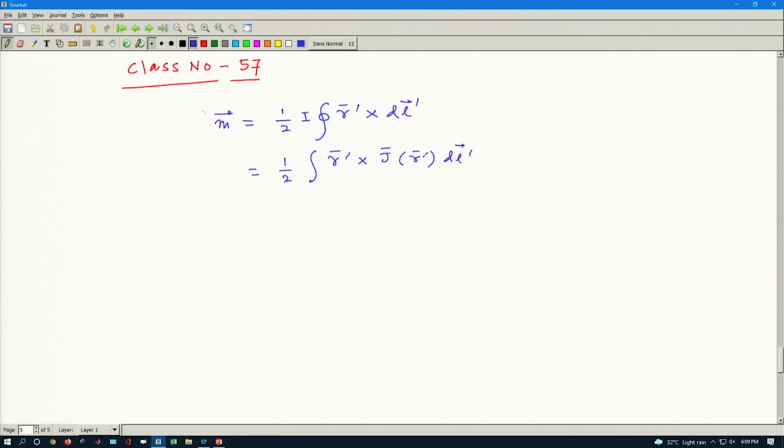Sorry, dv, because I am using the volume current. So it should not be L, it should be V.